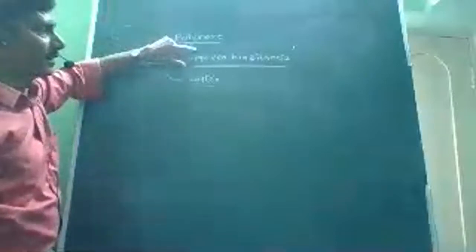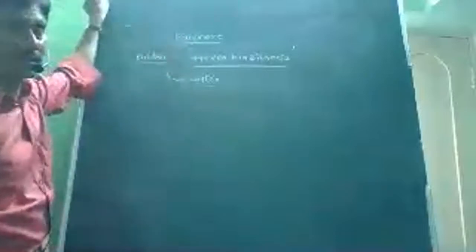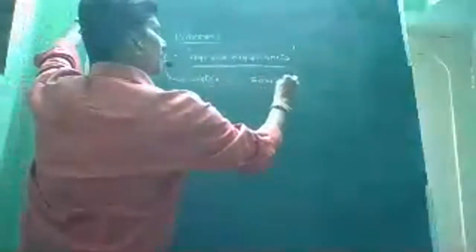When you cut these trees, stalks and leaves, we get a milky suspension, which is called latex. It is one type of emulsion.